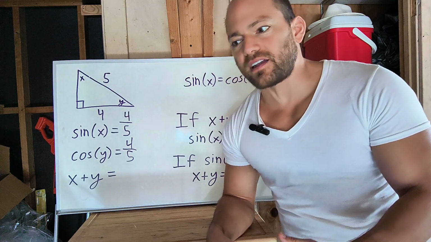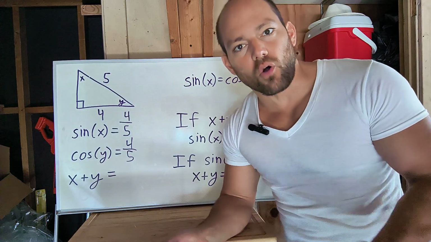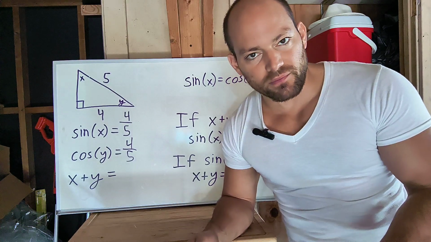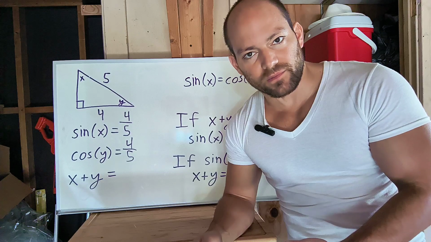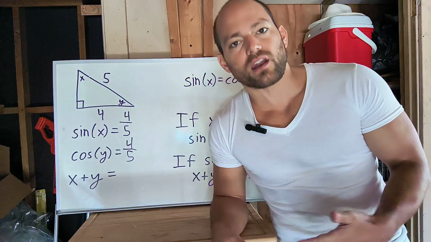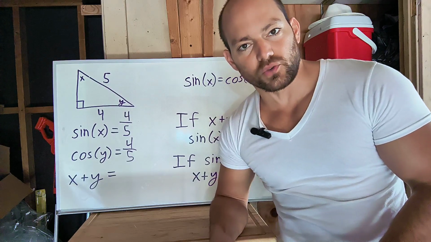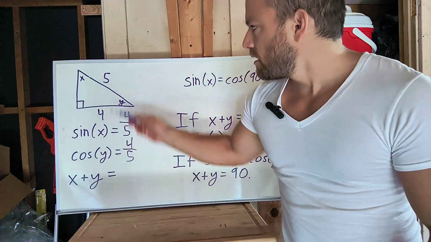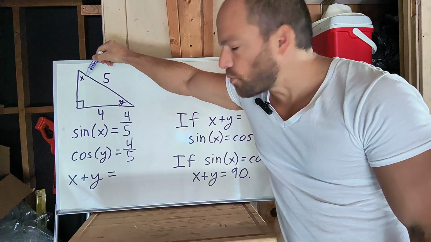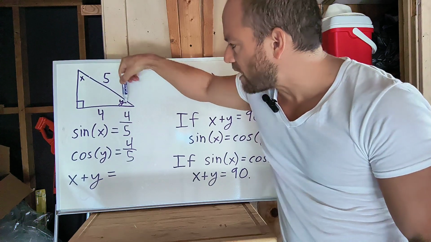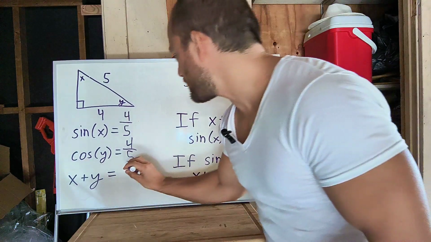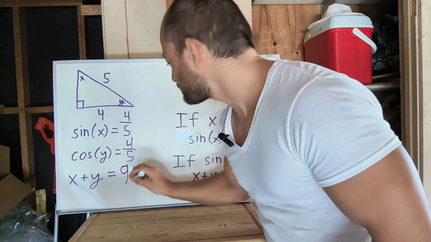The two angles that aren't the right angle always have the relationship that the sine of one of them is the cosine of the other. These two other angles also have another relationship that I would like to mention. No matter what the measure of this angle up here is, we know that the sum of these two angles, x and y, is always going to be 90, right?